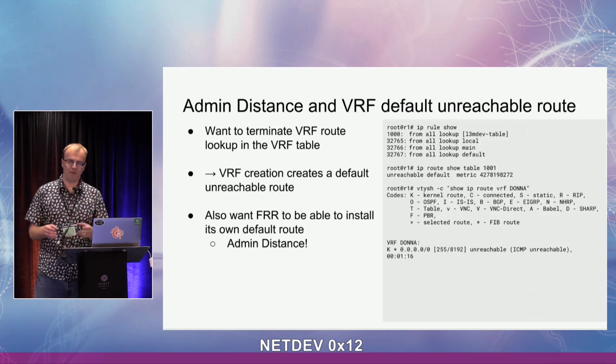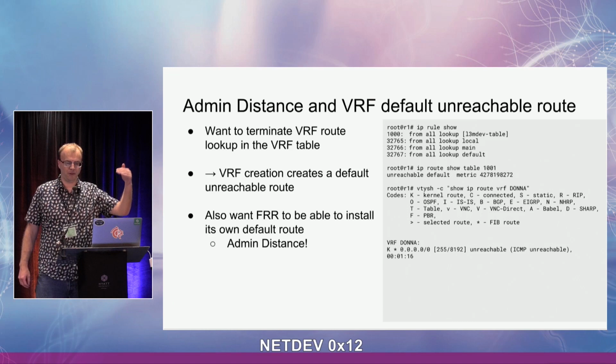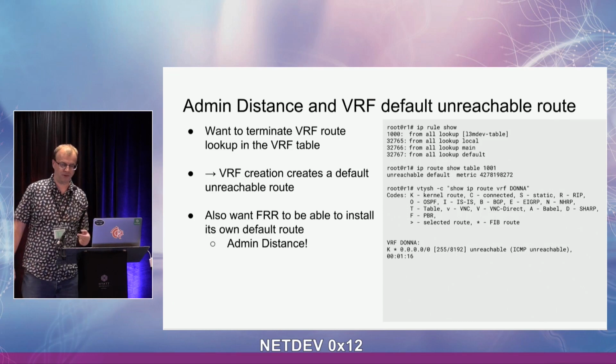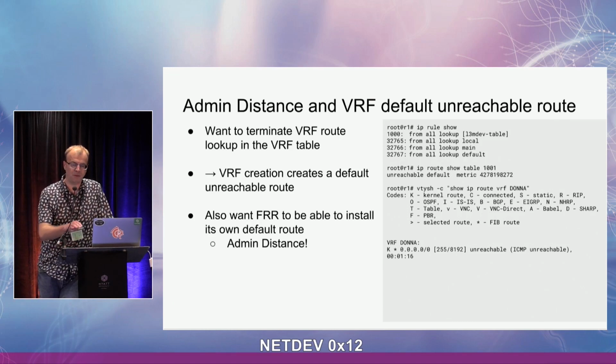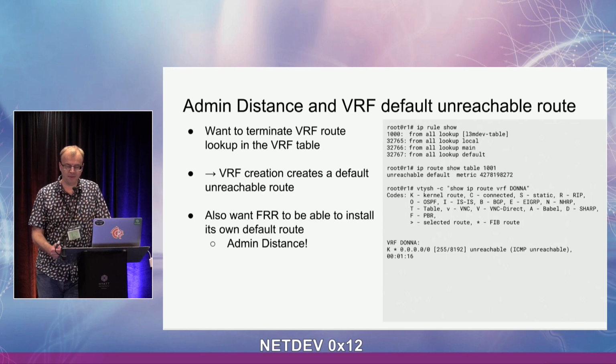And if I'm using VRFs, I do not want that route search to leave that table, because the Linux kernel will, if you don't have a default unreachable route, go to the next table. In this case, it would go to 32,765, and then use rule 32,765, then rule 32,766 if it doesn't find a match, and finally we look in 32,767.